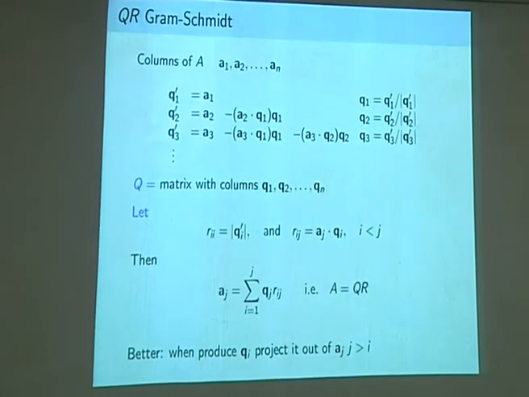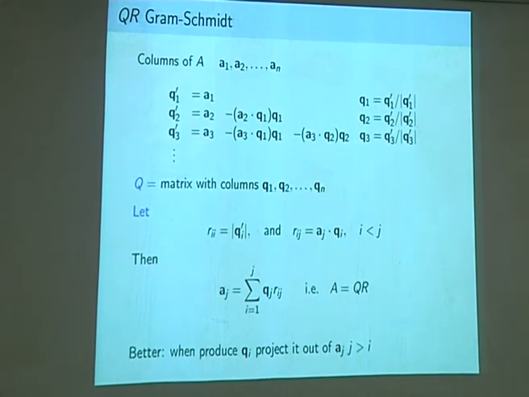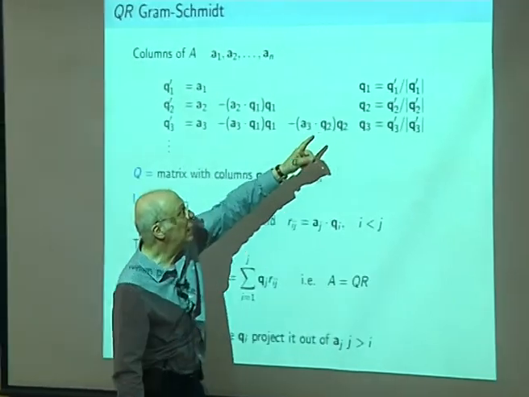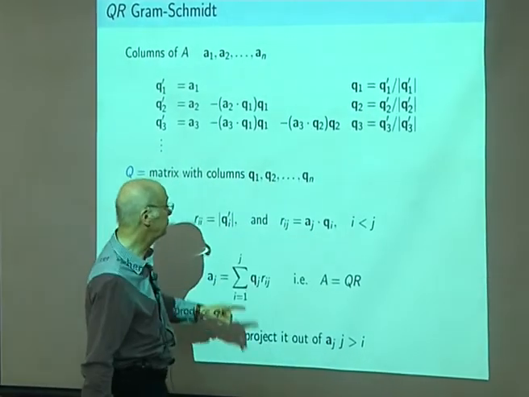But anyway, you're not coding it, so it doesn't matter. You understand the principle. And then, out of this calculation here, we can dig out what is R. The diagonal elements of R are in fact these normalizations.